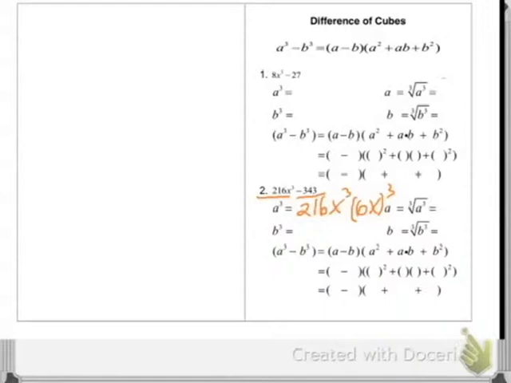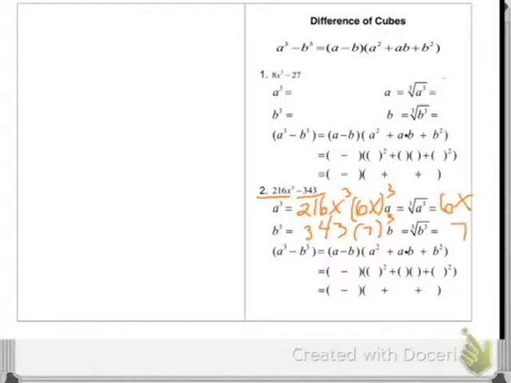So your A is 6x. Now 343. Notice you don't copy the negative sign, you just leave the number there. Now it's 7. 7 times 7 times 7 would give you 343, so your B is 7.